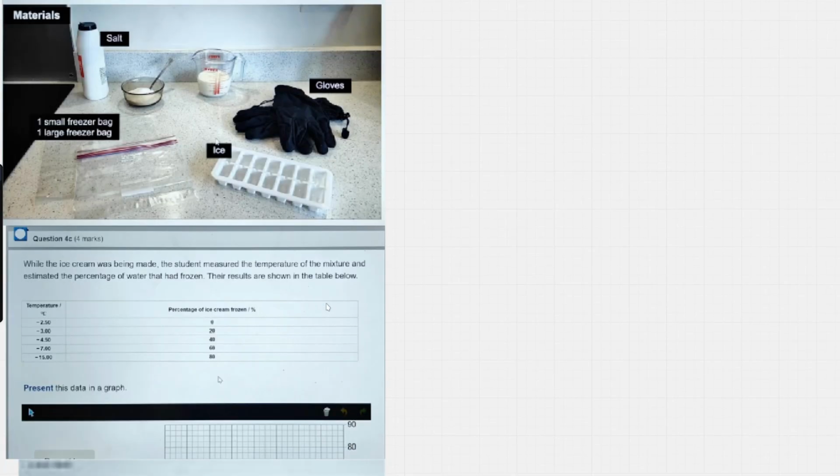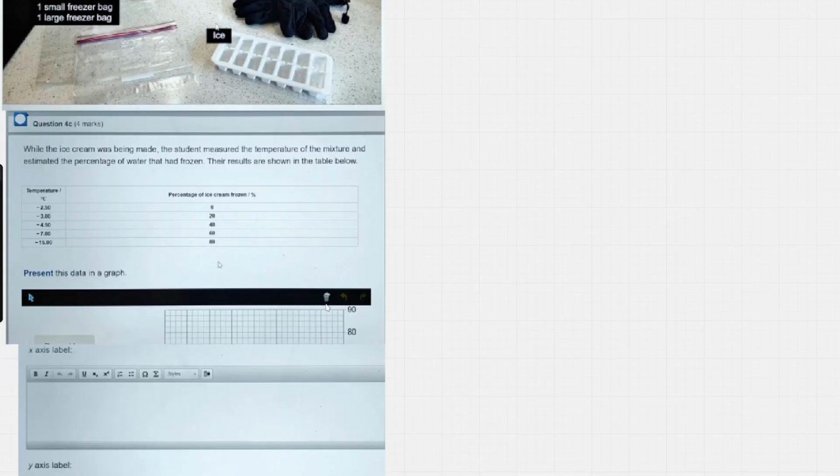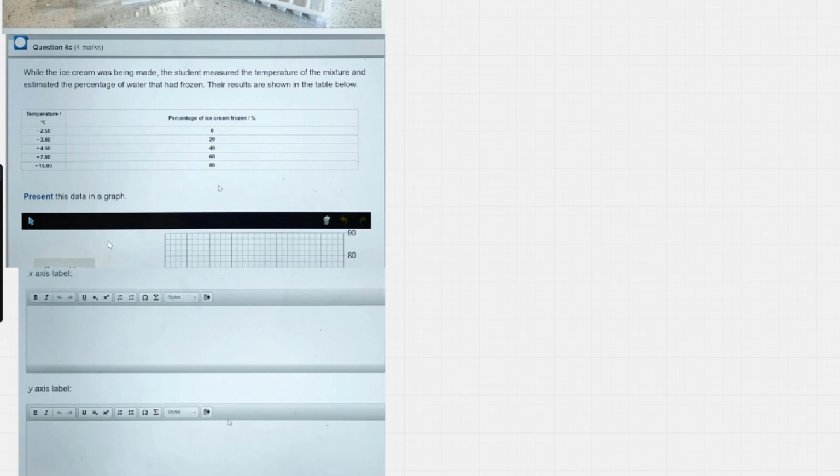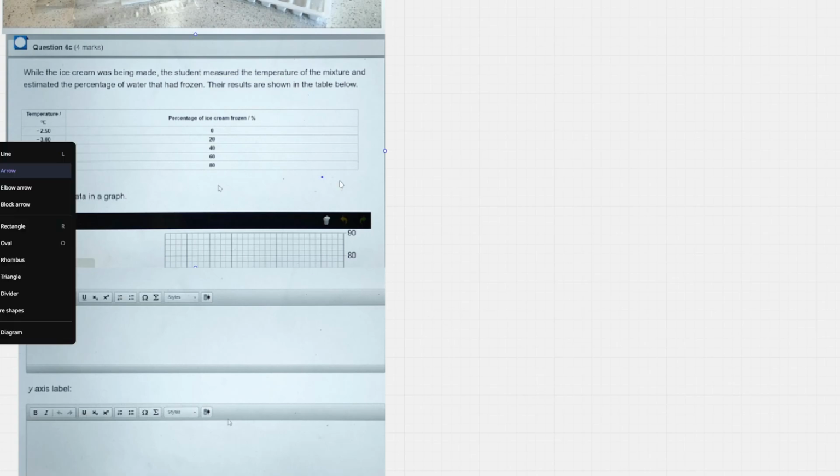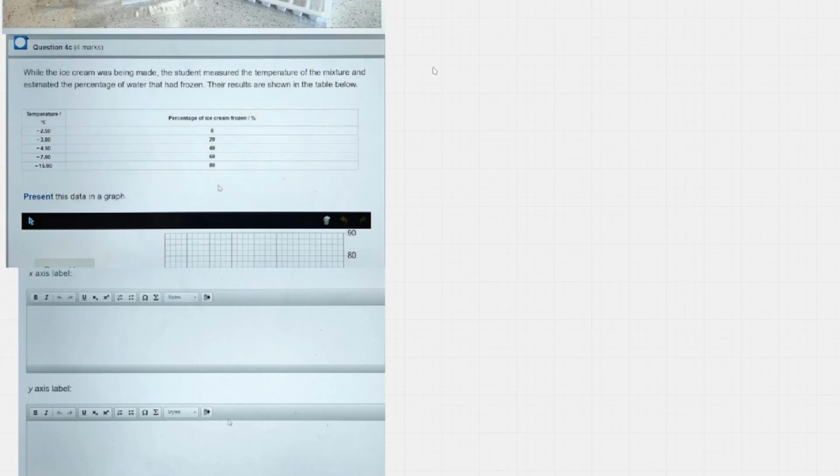Next, you have to present the data in the graph. This one you just have to draw points on the exact points where this is occurring, like at x negative 2.5, actually I would have the y-axis be 0. So just to draw an example graph, I'm just going to do it really quickly.